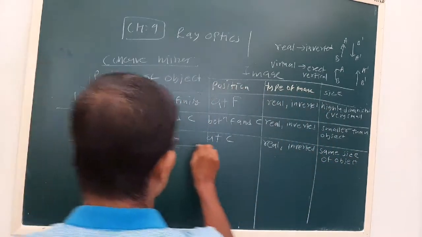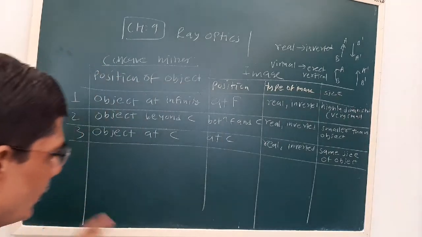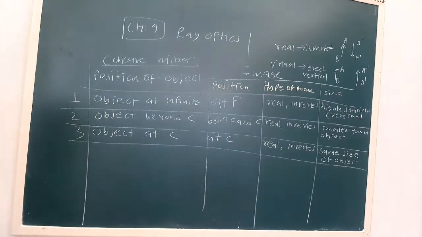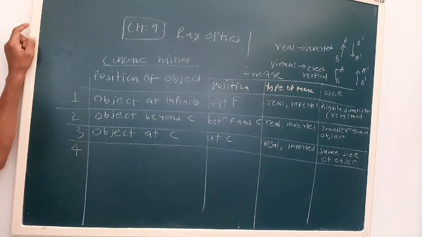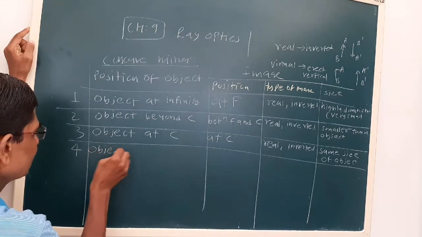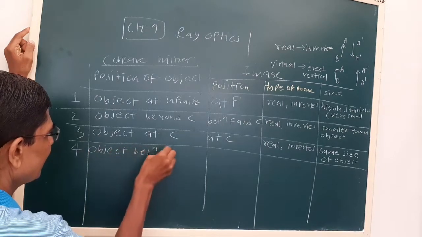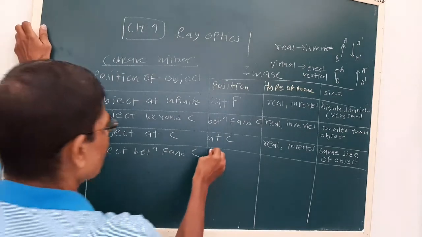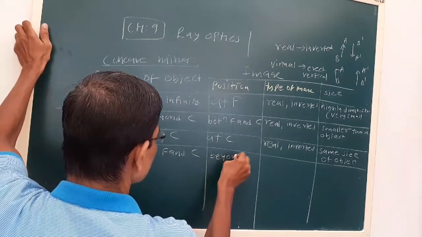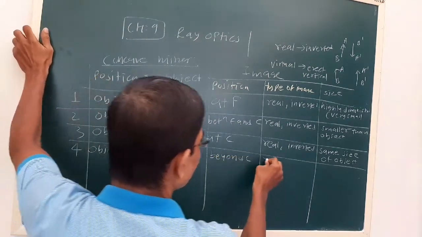One thing we have to keep in mind is that as the object moves toward the mirror, the image will be moving away from the mirror. See the fourth position, object between F and C. Then the image will be beyond C. It will be real and inverted.